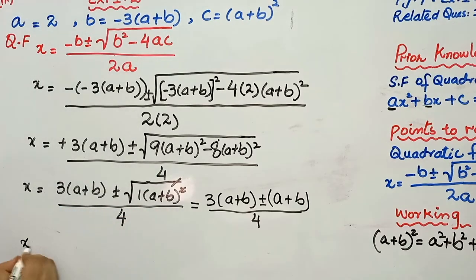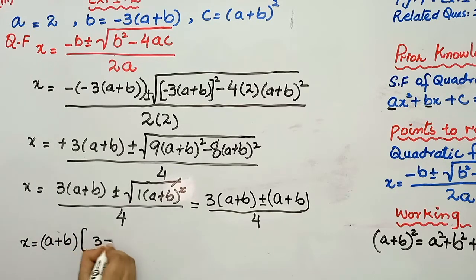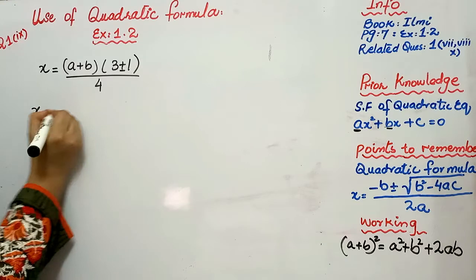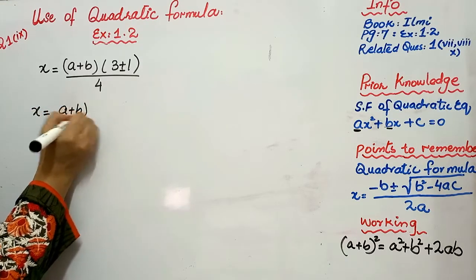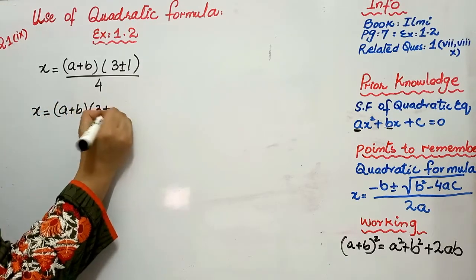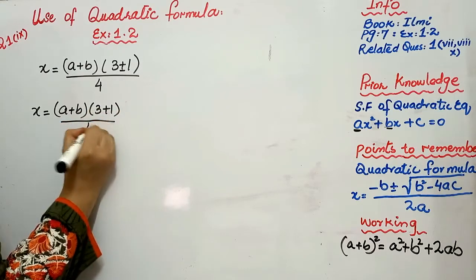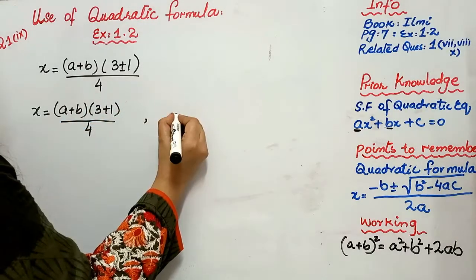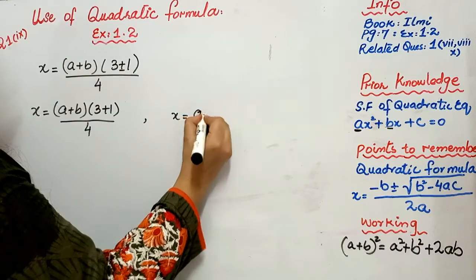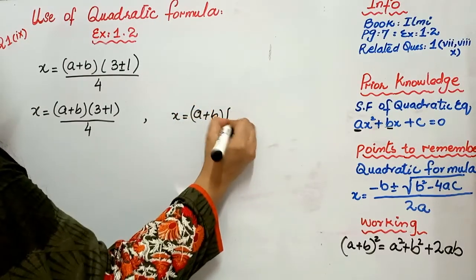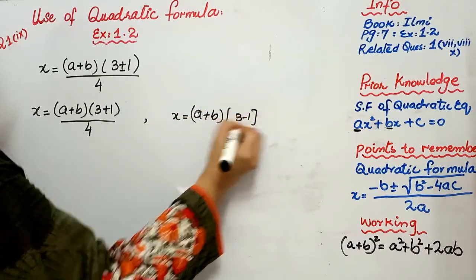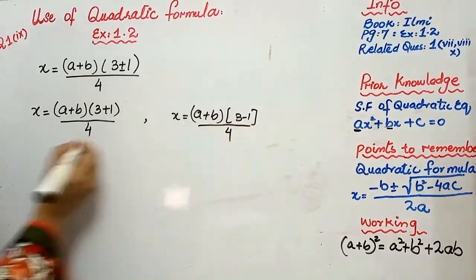By 4. X is equal to a plus b is taking common, so 3 plus minus 1 by 4. So one time it will be written as a plus b is common, 3 plus 1 by 4, and x is equal to a plus b is common, 3 minus 1 by 4.